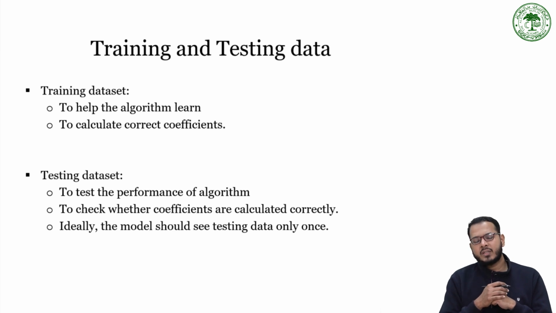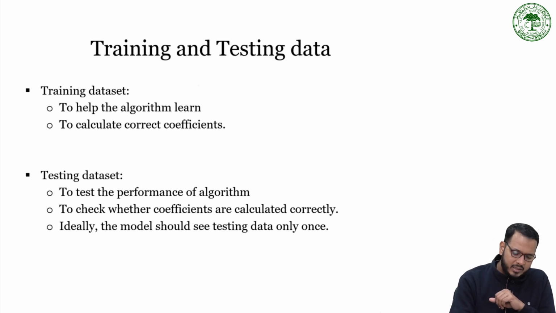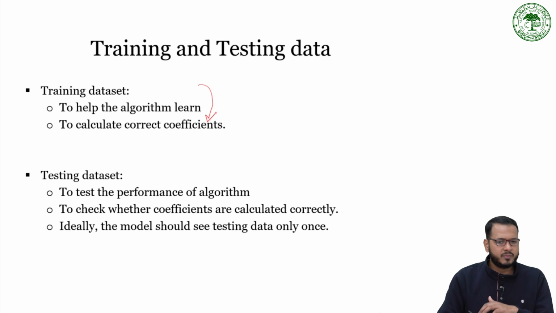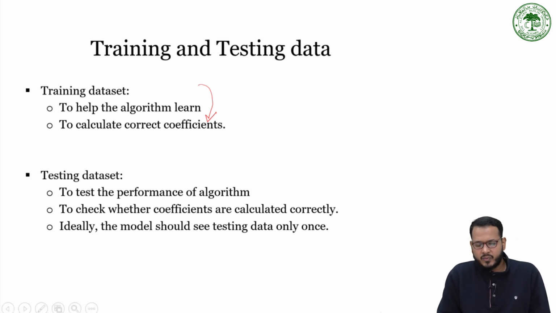Now we have seen this concept of training and testing data many times. The training data set helps the model learn, which technically means that it helps us find the right coefficients, weights, or parameters.